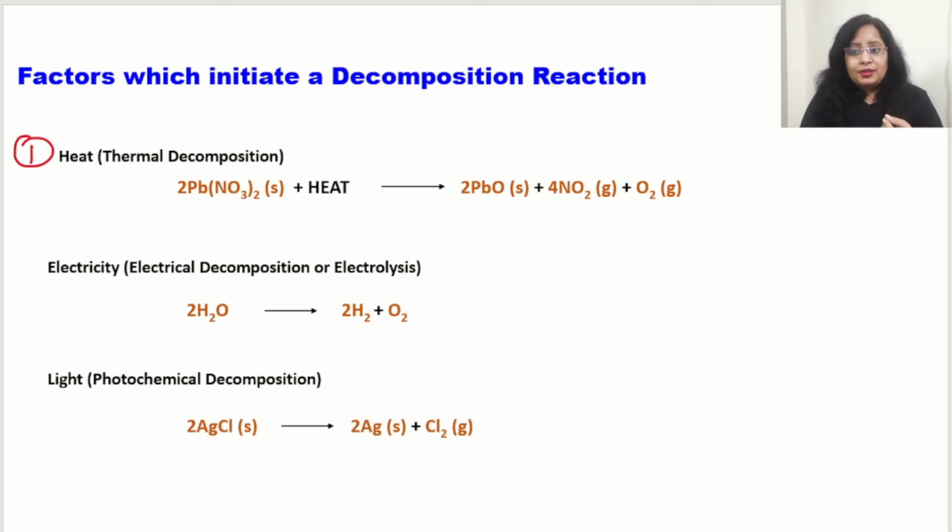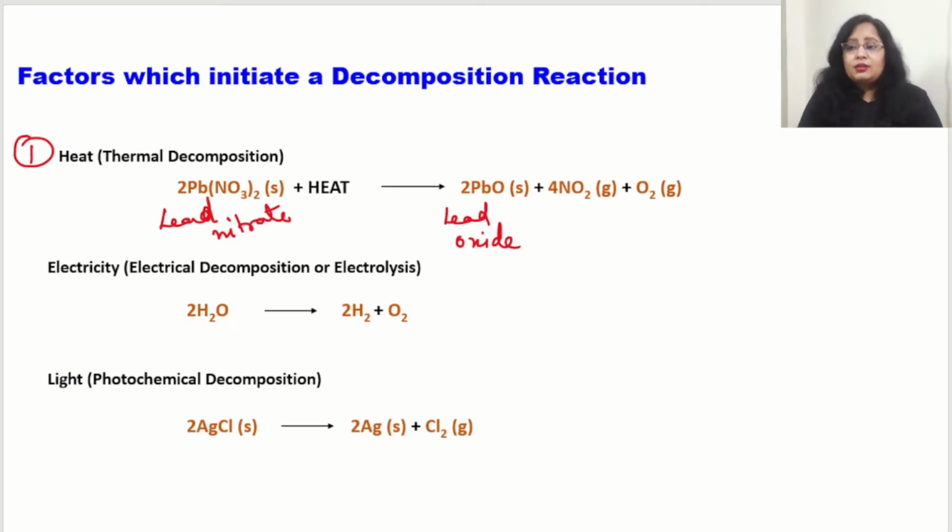For example, if we have lead nitrate, this is lead nitrate, and we give heat to it, it will break down to lead oxide, nitrogen dioxide gas and oxygen gas.